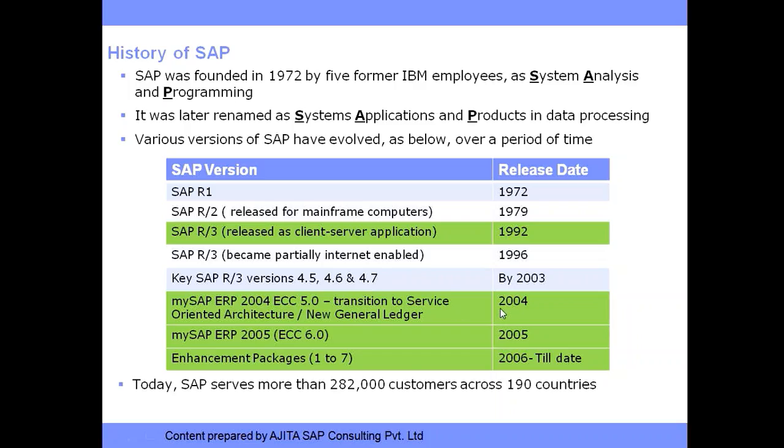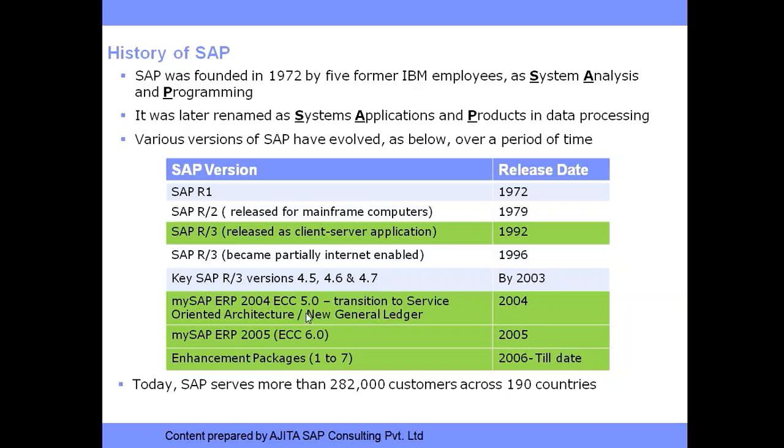And in 2004, there came a major evolution in SAP's architecture, where they came up with mySAP ERP 2004, ECC 5.0, and this gave a transition to service-oriented architecture and the new general ledger. This new GL is something we learn about in a different course, because from this version onwards, SAP made a major change in its structure, in its tables, and the way it operates.